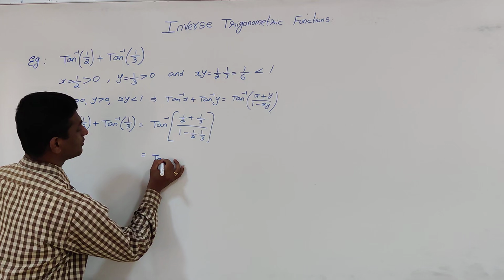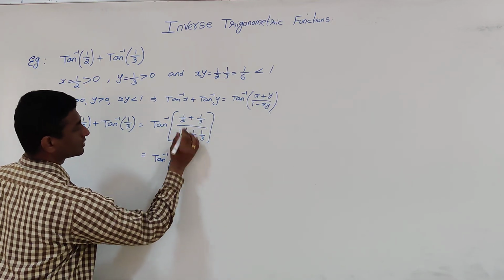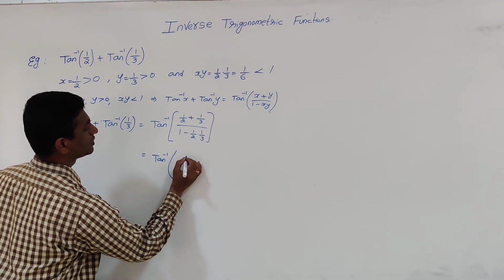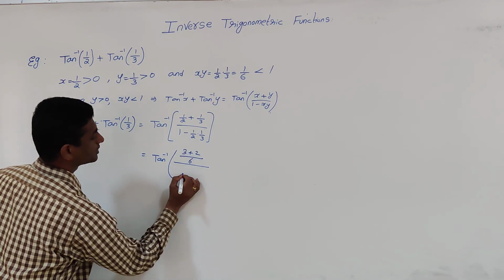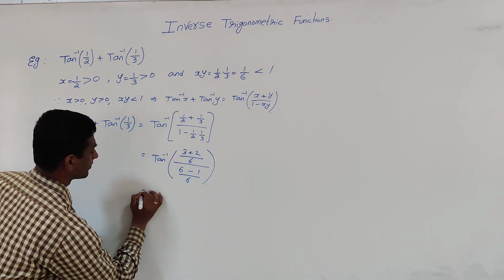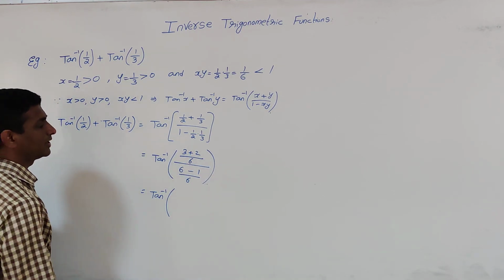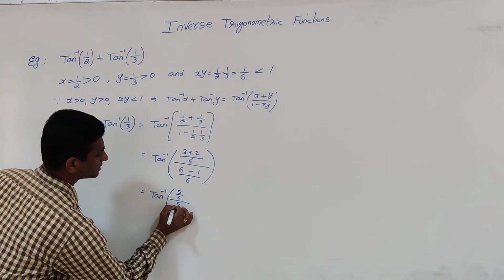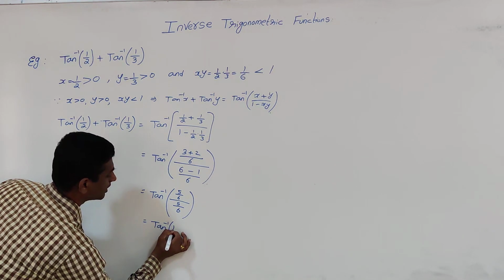So tan inverse of, what is the LCM? 6 is the LCM, so the numerator will be 3 plus 2, and in the denominator again 6 is the LCM, so 6 minus 1. So tan inverse of 3 plus 2, 5, 5 by 6, by again 6 minus 1, 5 by 6. So it will be tan inverse of 1.